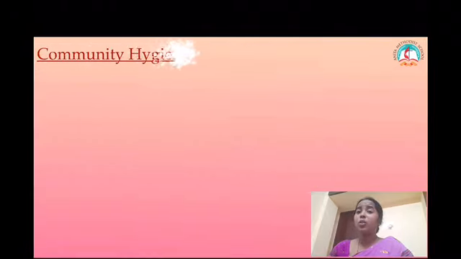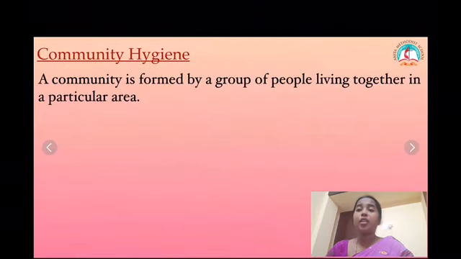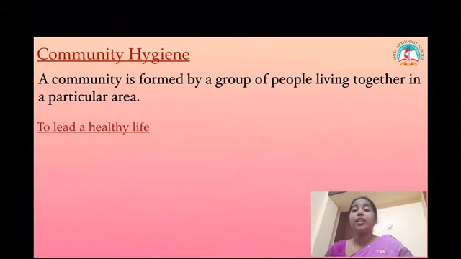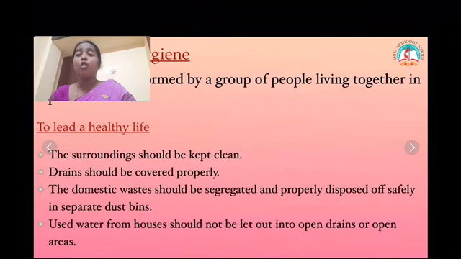Next, we're going to look at community hygiene. What is community hygiene? A community is formed by a group of people living together in a particular area. So, how can we live healthily in a community? The surroundings should be kept clean. Drains should be covered properly.